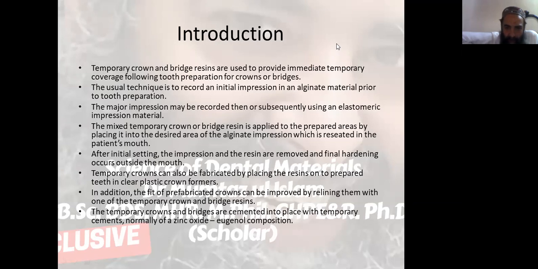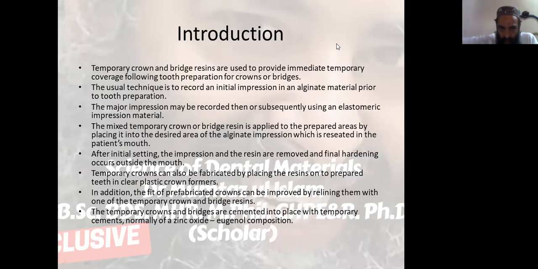temporary crown or bridge resin is applied to the prepared areas. You have taken the impression, put it aside, then you have to prepare the tooth, then you can use the major impression used for preparation of your prosthesis, the permanent one.